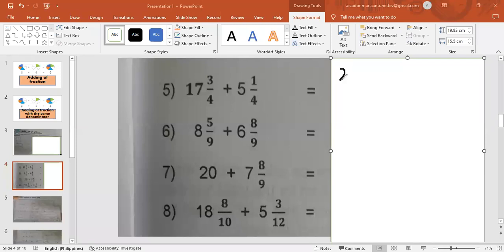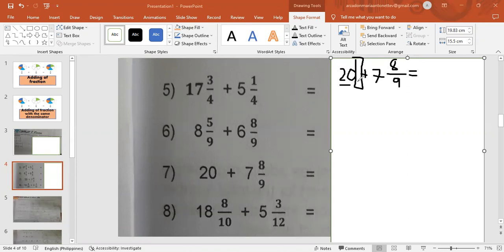We have 20 plus 7, okay? And then 8 over 9 equals. Okay, what is our rule? Just simply copy this 8 over 9. But this one, there's an imaginary 0 fraction.